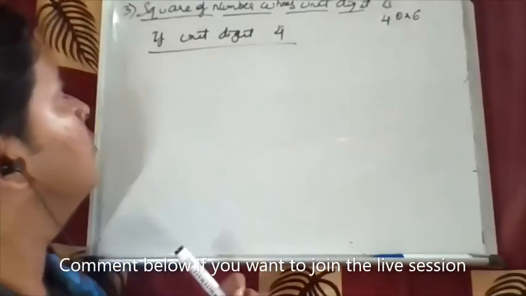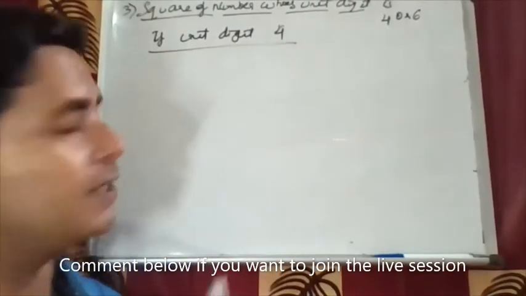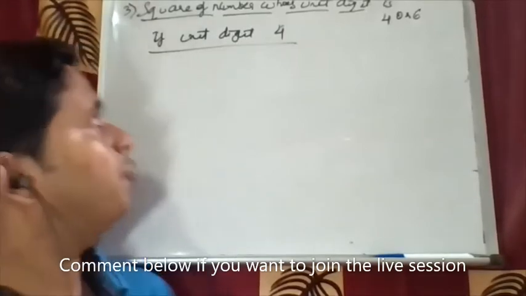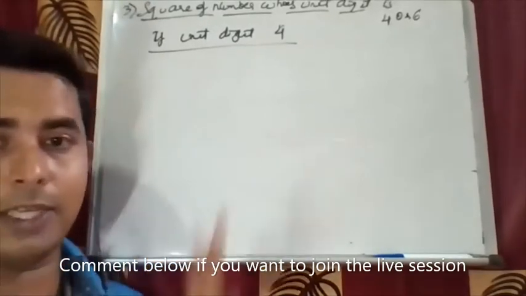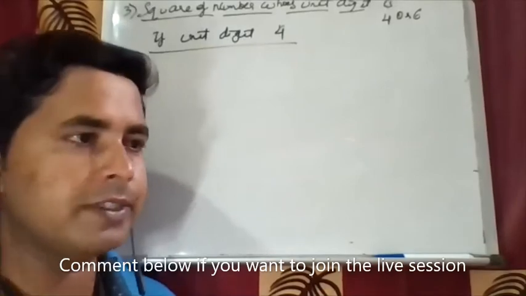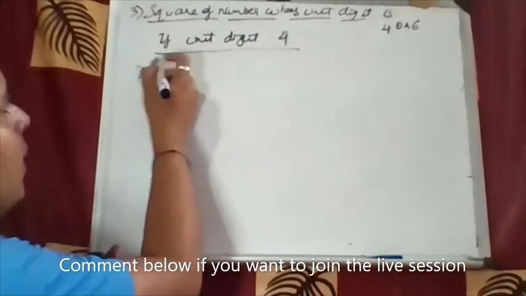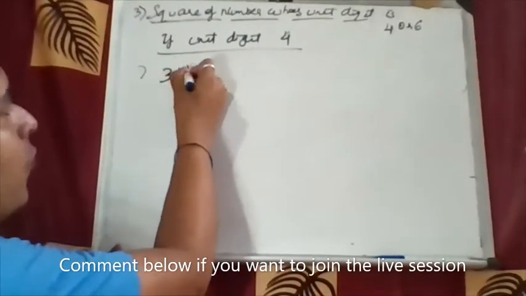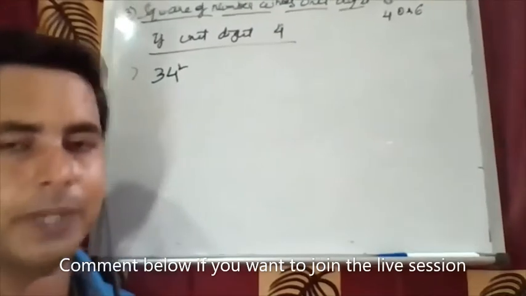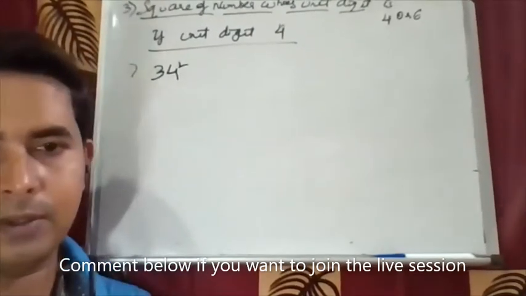Now the example: the square of a number whose unit digit is 4 or 6. First I'll see the case where the unit digit is 4. For example, 34 square. What is the base number here? 30.